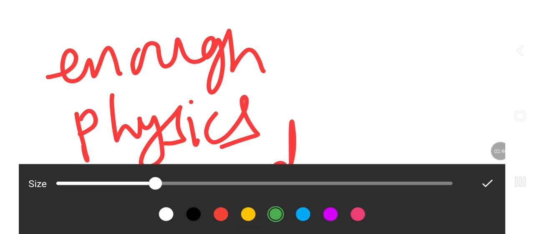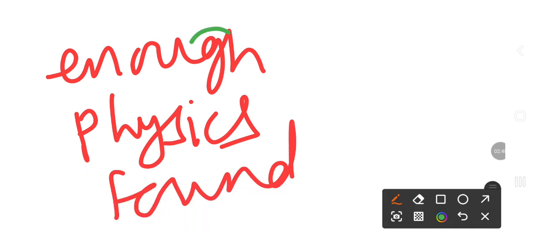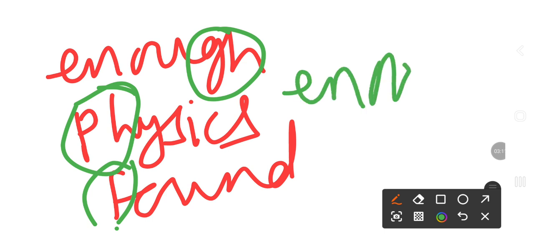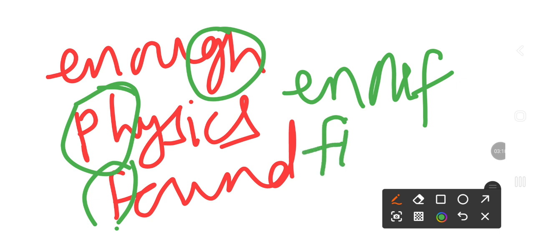Here you must have noticed GH is pronounced as f, PH is pronounced as f, and this F in found is f. So how to decide when GH will become the f sound, when PH becomes the f sound, when F is used? Why is the spelling enough not written like this? Why can physics not be written this way?